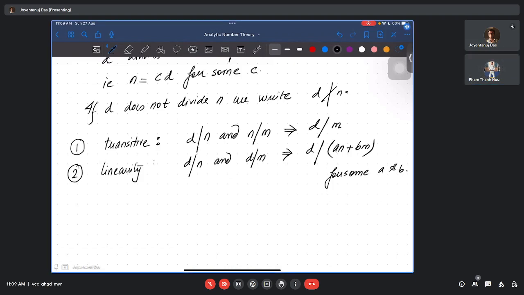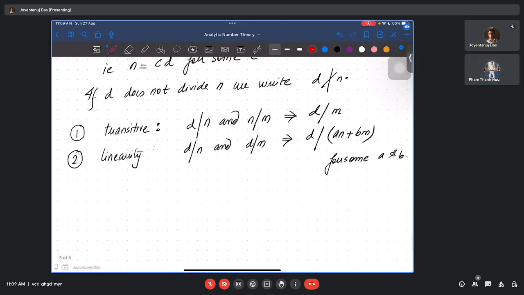So let us see an example. For example, 2 divides 4, right? And 2 divides 6 also. So this implies that 2 can divide 4 plus 6 also, right? So here a and b I am taking 1. 2 divides 10, right?